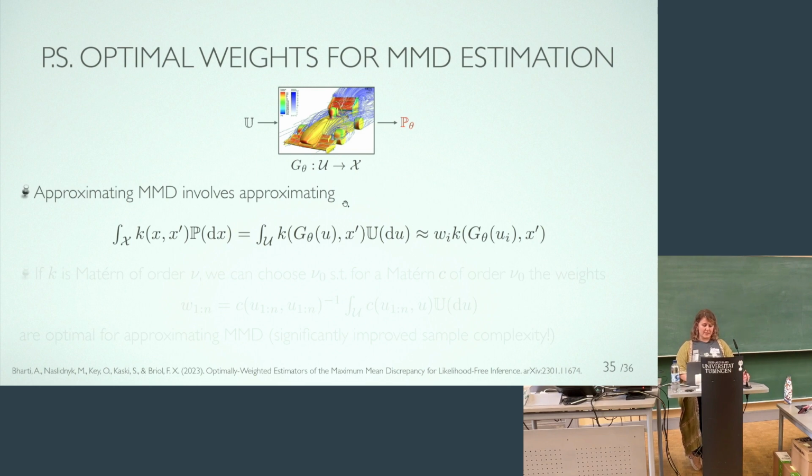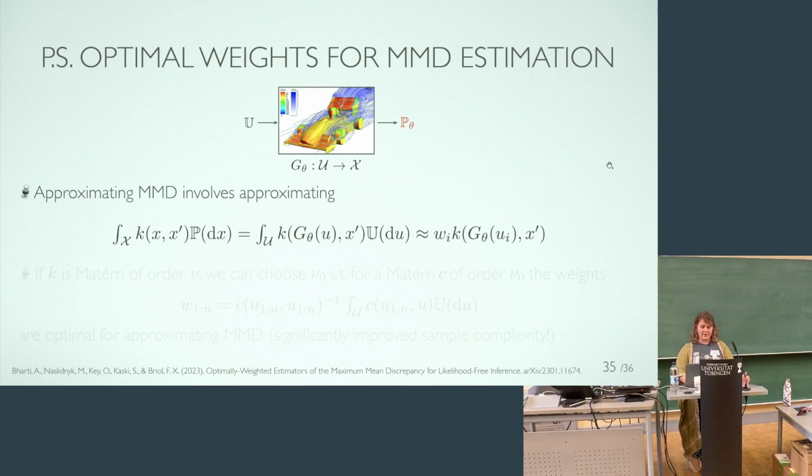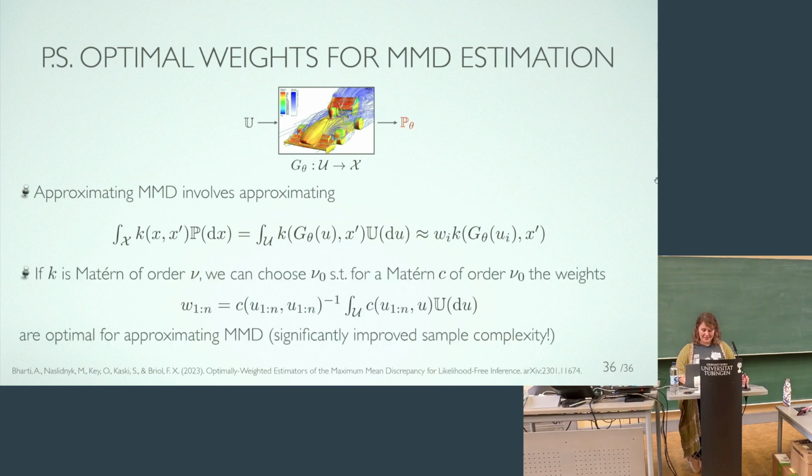And approximating MMD in this setting involves approximating this integral, which has a very direct connection to Bayesian quadrature.